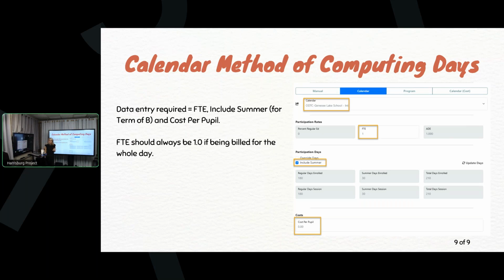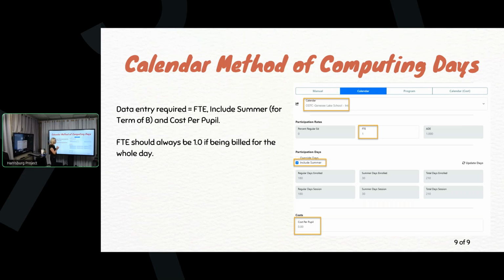Very rarely, if ever, would you change it, because odds are you want to recuperate all of the costs that you are entering for Fund B. Even if they go a half a day to this facility, you still don't want to change the FTE because it'll cut your claim in half. So we very, very rarely, if ever, want to edit the FTE for Fund B.